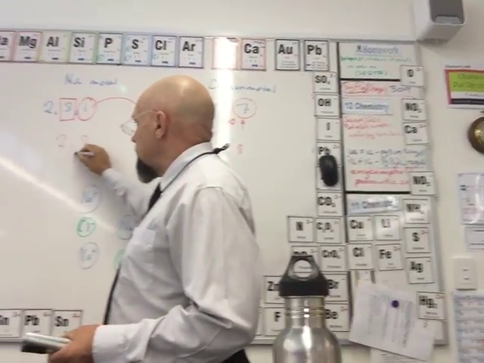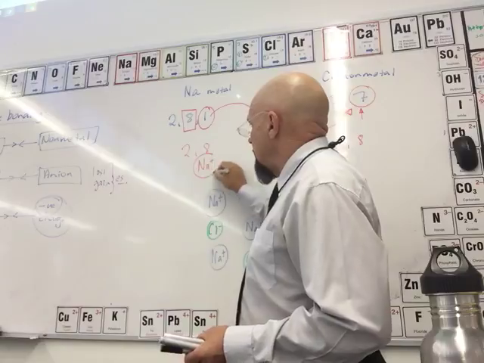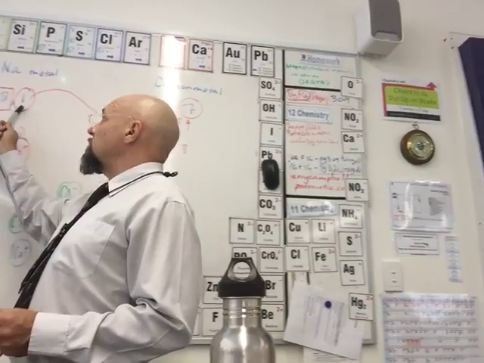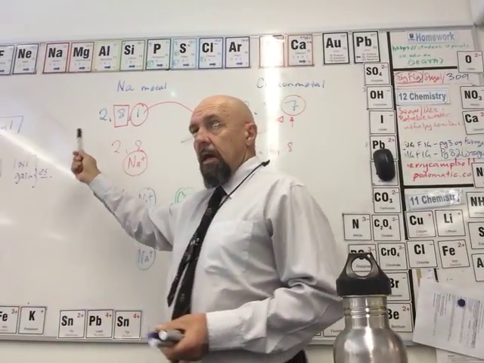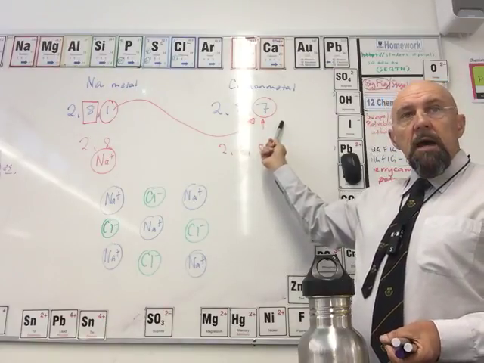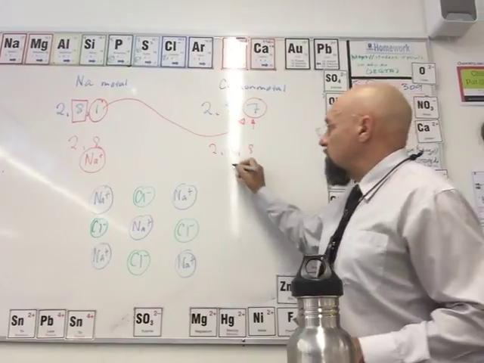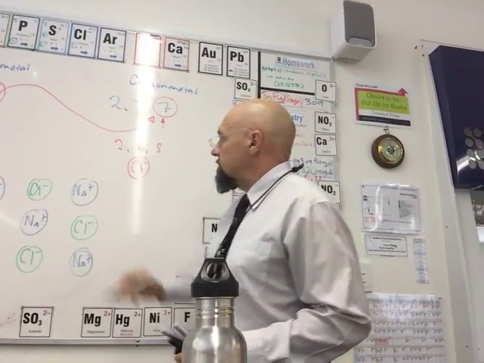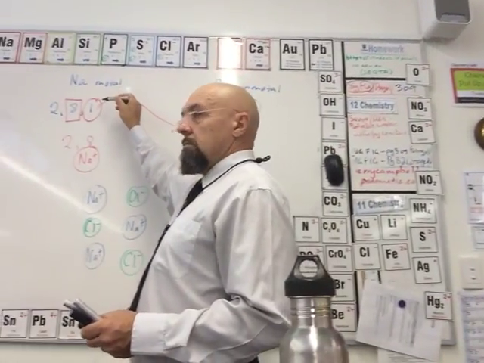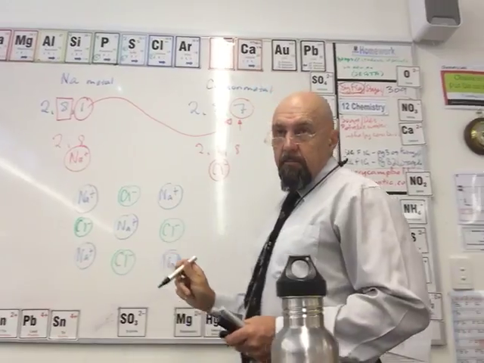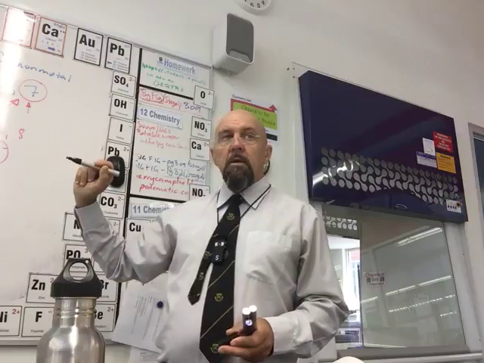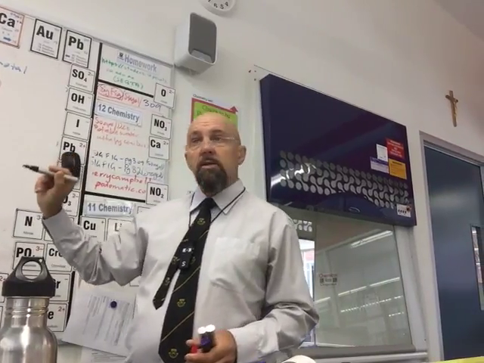What we've generated from that is a sodium ion, because we haven't done anything to the protons in the nucleus. So sodium has still got 11 protons, and chlorine has still got all of its protons in the nucleus as well. Now it's got an extra electron, so the charge has changed, so chlorine now becomes chloride. Every single atom of sodium would have donated its electron to every chlorine atom that it came into contact with, or near, in that reaction.